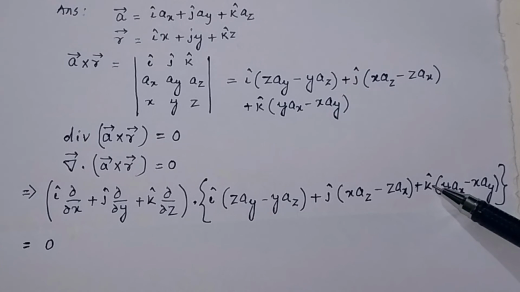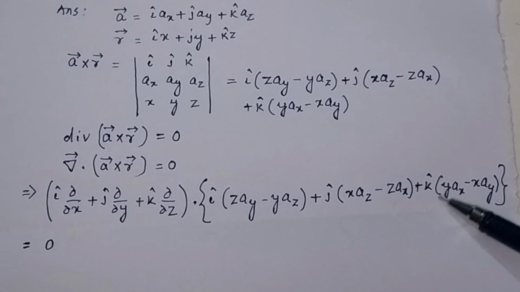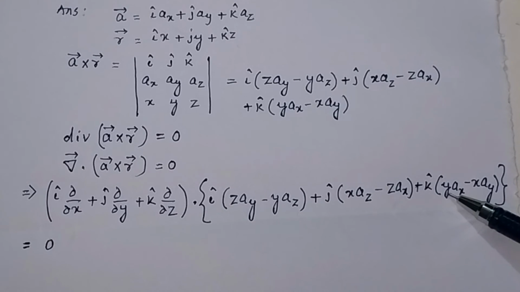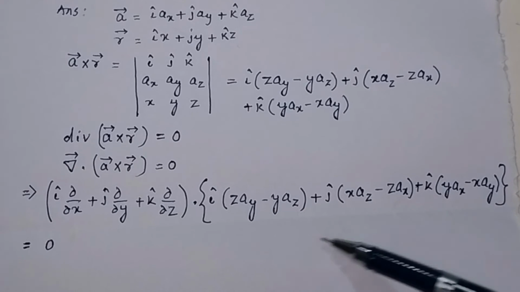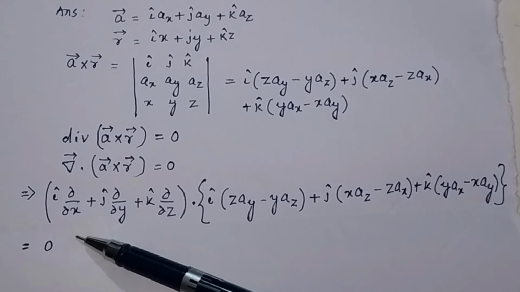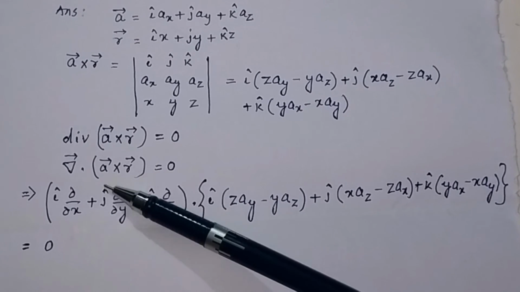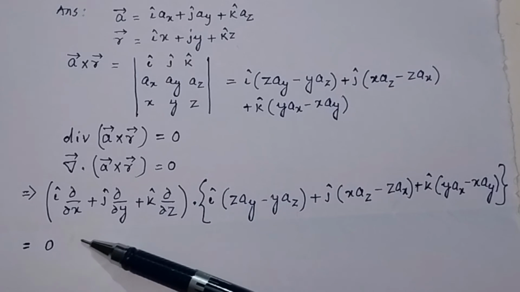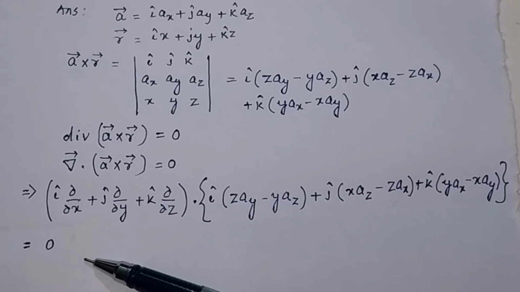Similarly, if you take the partial derivative of the kth component with respect to z, that will also be equal to 0, because here also you have no z component. So the final value, the divergence of the vector A cross R, is equal to 0. That is why A cross R is a solenoidal vector.